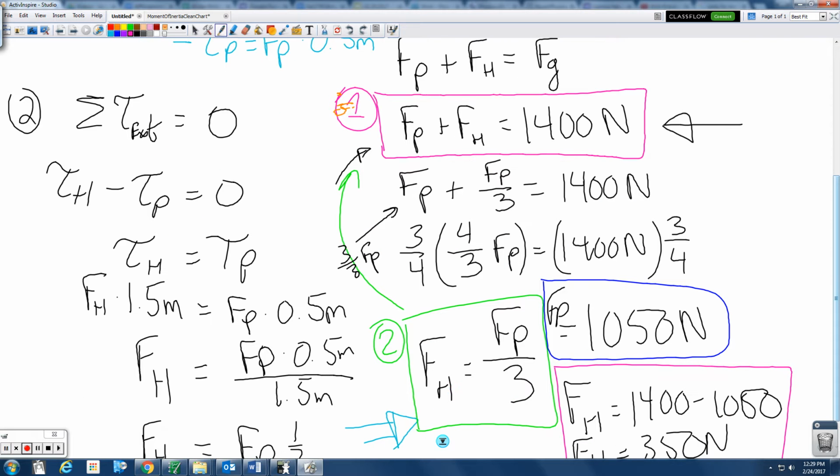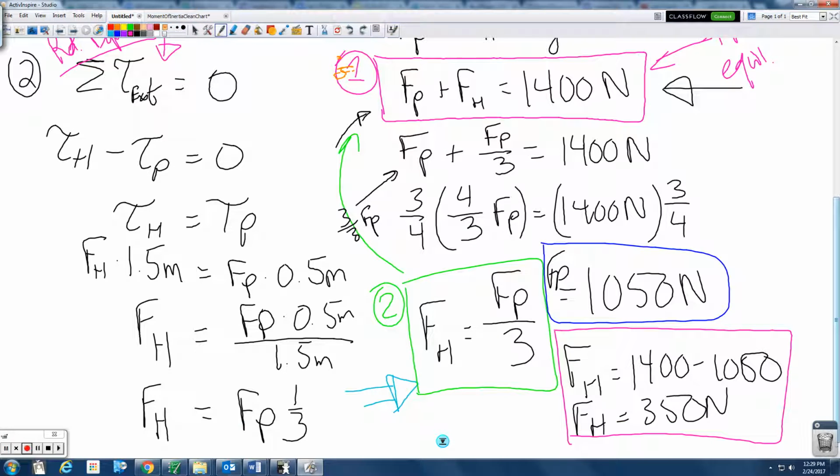So here we get this from the necessity of translational equilibrium, right there. Here we have condition 2, the rotational equilibrium condition. That's all this stuff. From that we got this equation. So we came from up here and we got this.